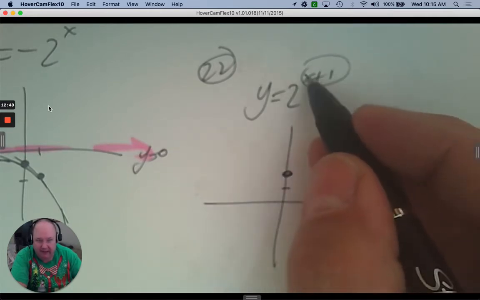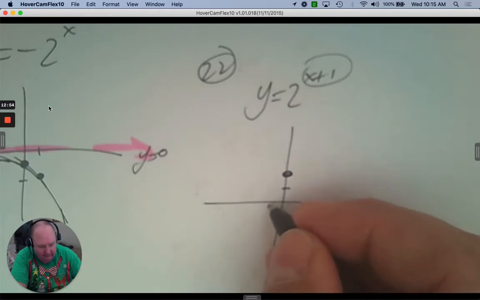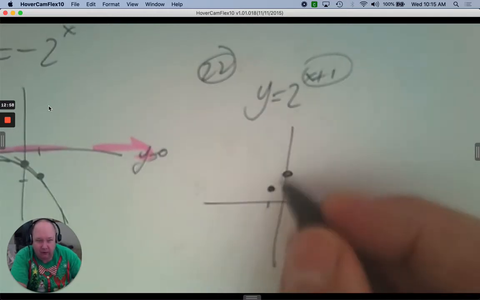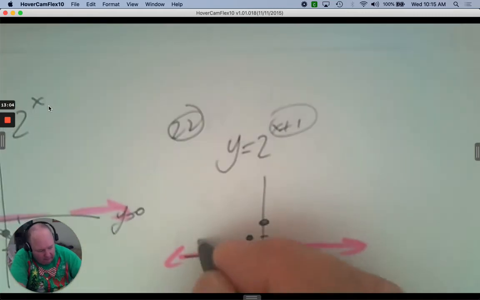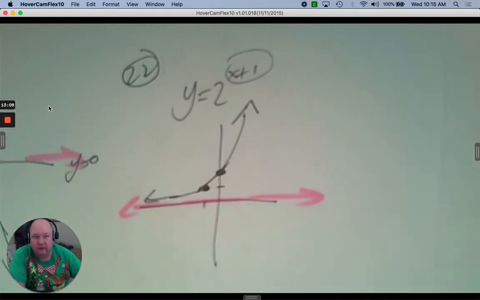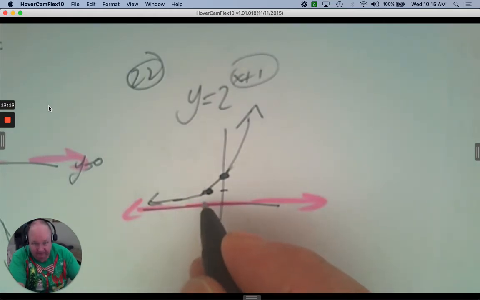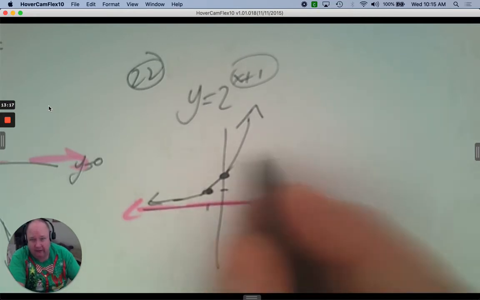If I plug in negative 1, negative 1 plus 1 gives me the answer 1. So it's all been shifted 1 to the left. The curve, even though it's been shifted, has the same picture. But just recognize that we have points at negative 1, 1 and 0, 2. It's been shifted to the left.